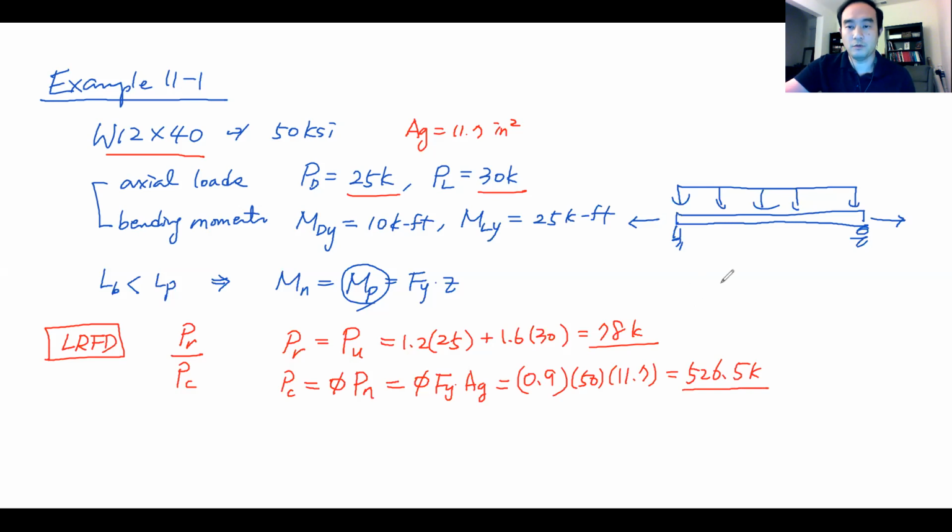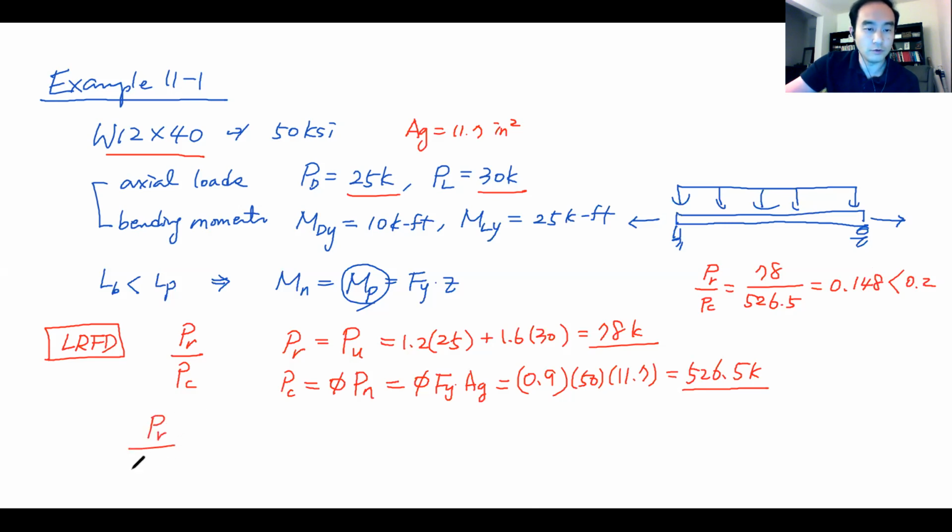So this is our capacity. So the first step, we take the ratio between PR to PC, and I have 78 for the demand, and the capacity is 526.5. The ratio between these two, I got 0.148, which is less than 0.2, right? So we have to follow the second equation, which looks like this.